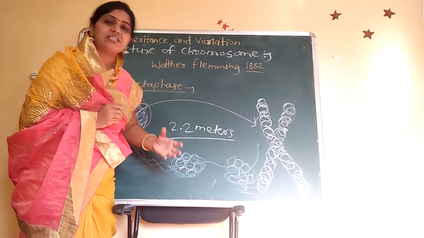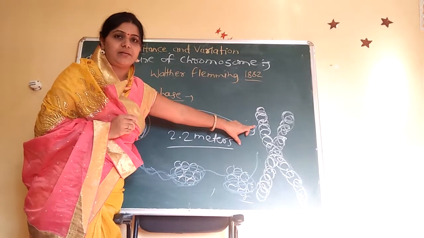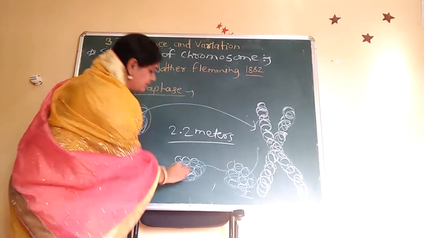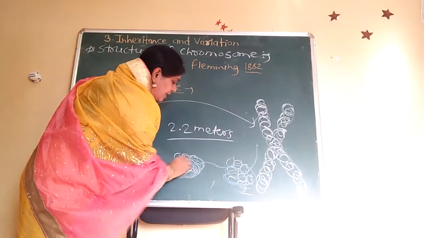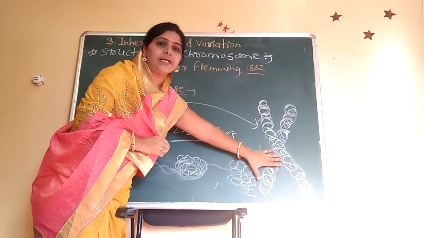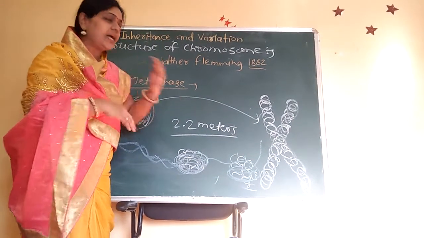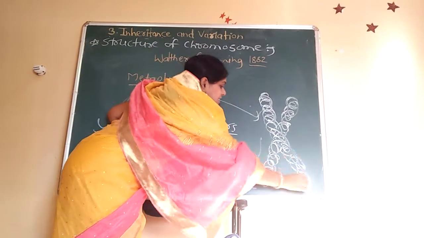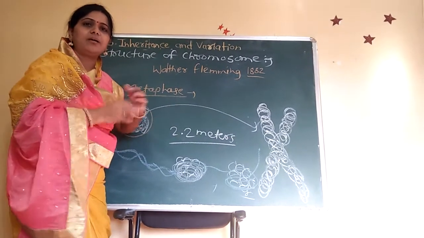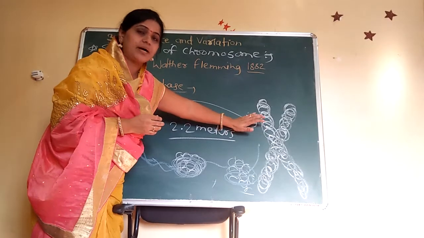What is condensation? Condensation is nothing but the coiling of chromatin material: the DNA binds with histone protein, coiling and coiling, and that is the condensation. घनीभवन क्रोमोसोमचं काय होतंय? कॉइलिंग होऊन अशा प्रकारचं स्ट्रक्चर होते, and that structure is visible in the microscope.